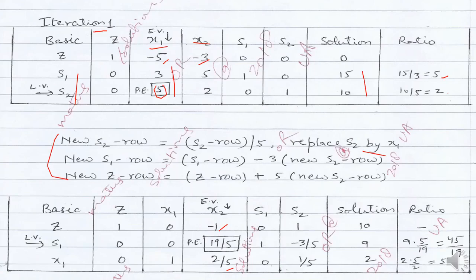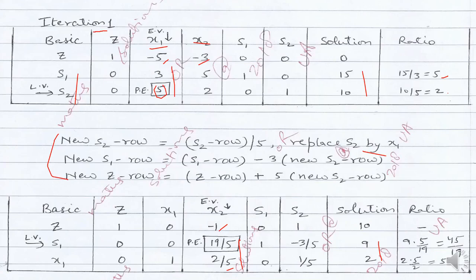We check the z row again and see that −1 is still there, a negative element is still there. It means we have to do some further calculations. The coefficient of x2 is most negative, so this is our pivot column. Now we find the ratio by dividing each element of the solution column by the corresponding element of the pivot column.